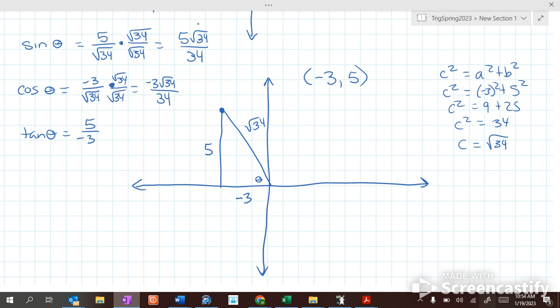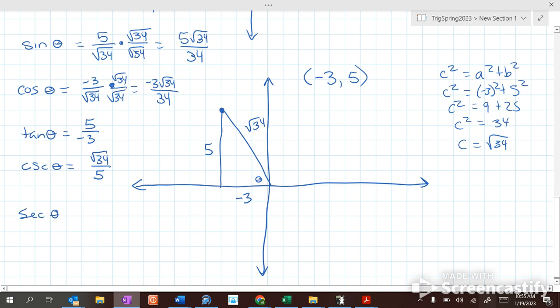Quit right there. Cosecant of theta. It's the square root of 34 over 5. Don't have to do anything there because the radical's in the numerator. So we don't have to rationalize the denominator. We're already done.